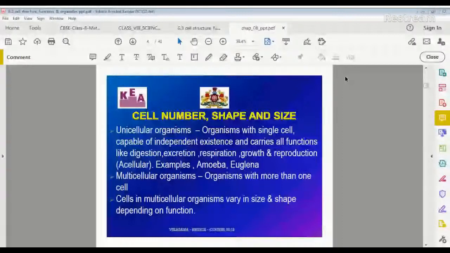Single celled organisms perform all the necessary functions that multicellular organisms perform. A single celled organism, for example amoeba, captures and digests food, respires, excretes, grows, and reproduces.